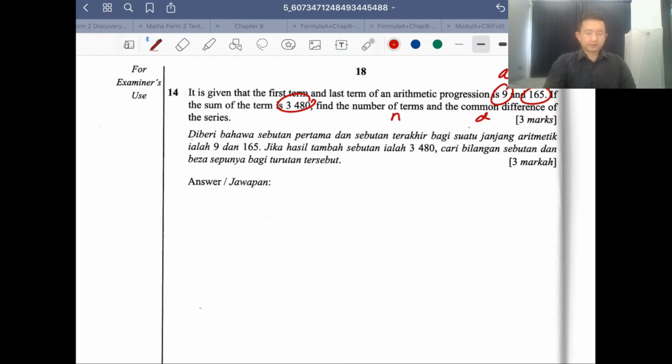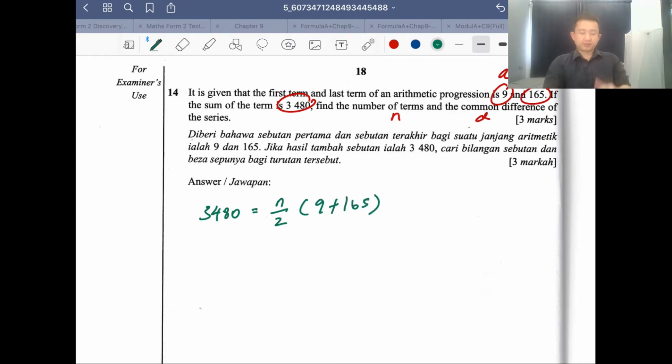Okay, 3480. Everything is given. So I can put 3480 equals to n over 2. I don't know how many terms, but I can use the formula with a plus l. Since I know a, the first term, and the last term, I can put in.